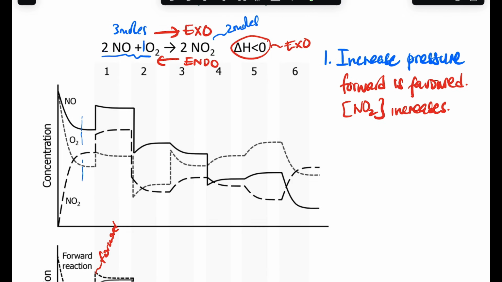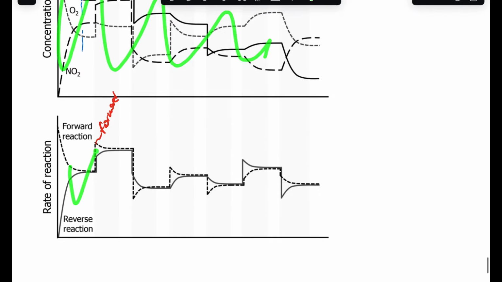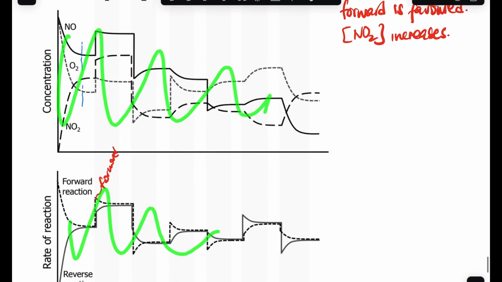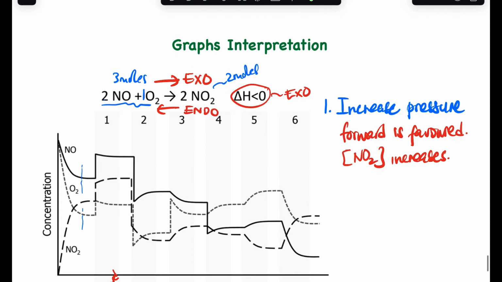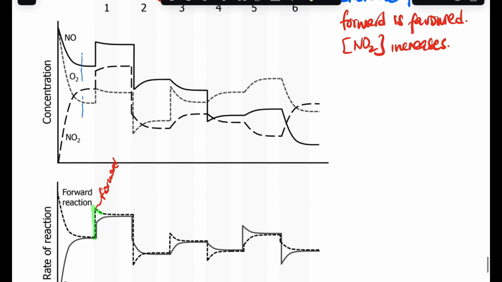Let's say you did not have this graph, you only have this one. So you see here, okay, forward is favored. When forward is favored, this one can only be the temperature or the pressure. It cannot be the concentration, because the concentration curves here immediately.